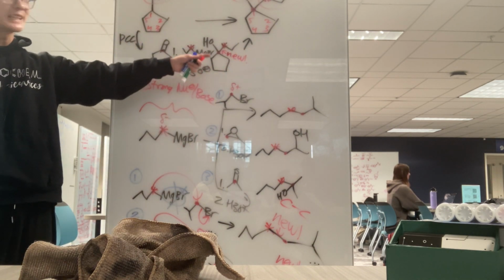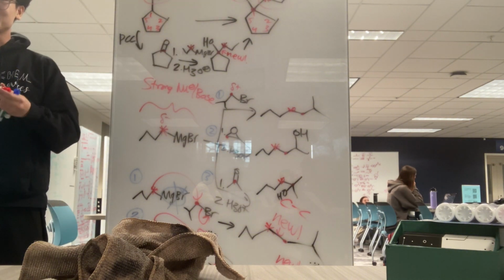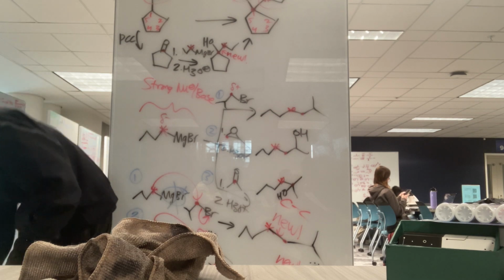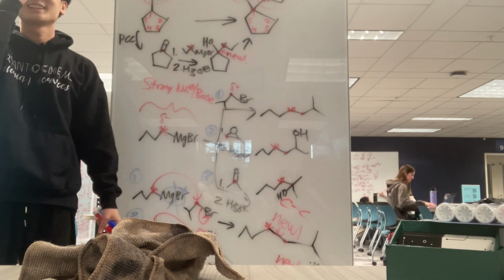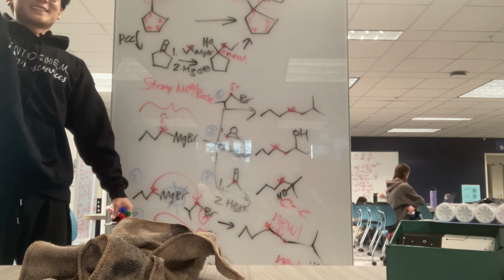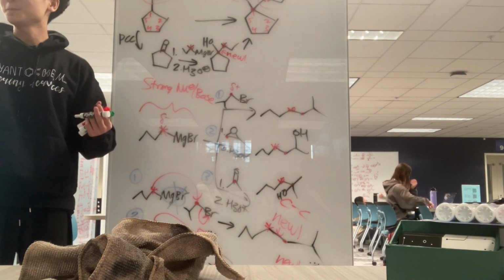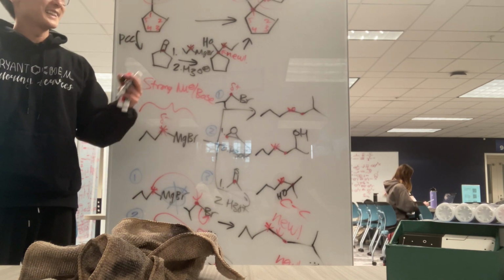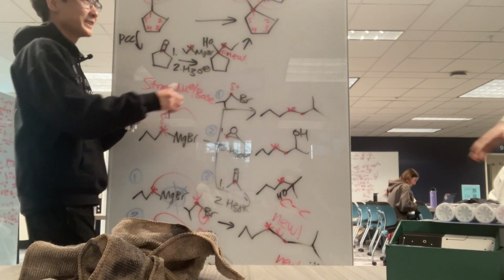Now, what reaction do you guys know that will convert this alcohol into the bromine? It's gonna be a very weird reagent. What reagent will convert this alcohol into the bromine? HBr? Yes, that is one, right? HBr.